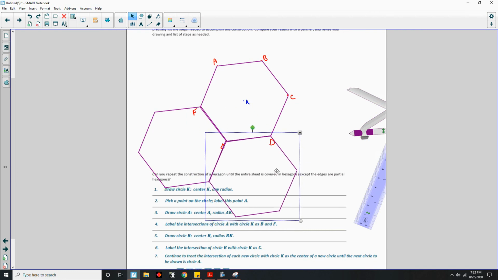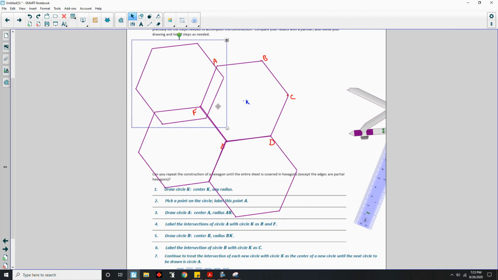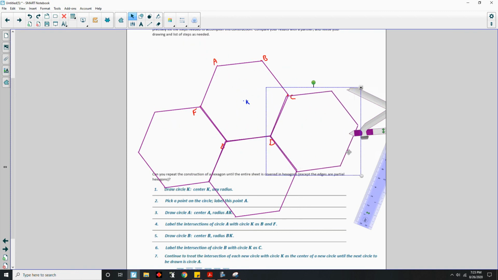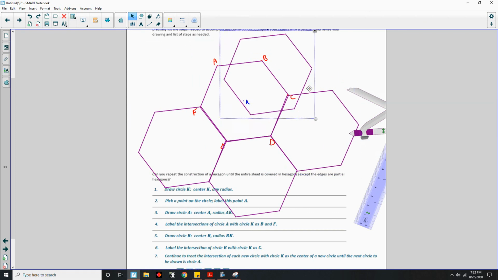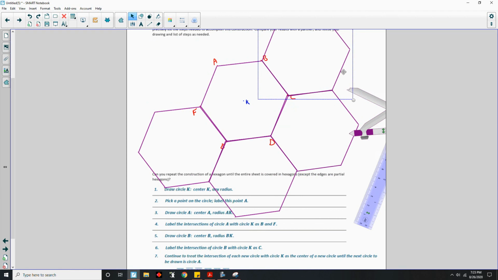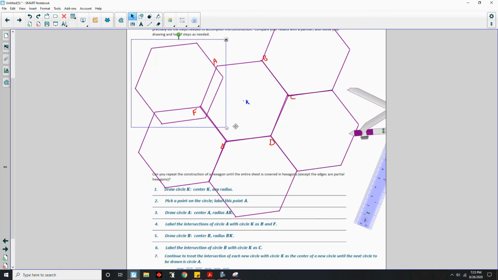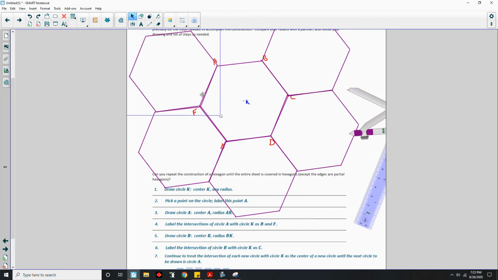Okay, put that right there. Bring another one in, put that one here. Okay, now notice these aren't perfect, but you get the idea. They're very close. So what they're saying is, could we just duplicate this?